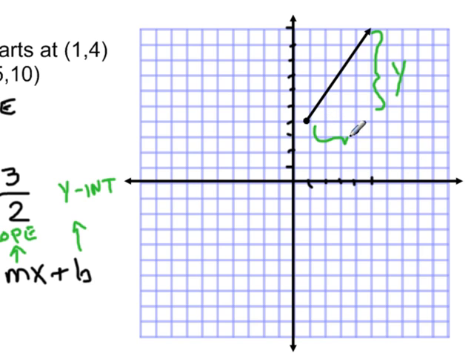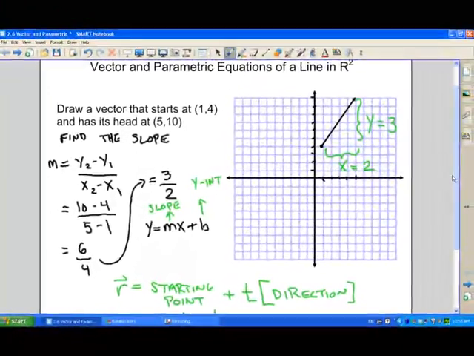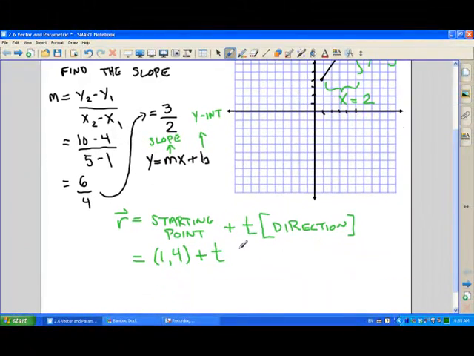The run is the x component. So here, where I'm rising 3, that would be a y component of 3. If I'm running 2, that would be an x component of 2. So my direction vector would be the vector (2, 3).